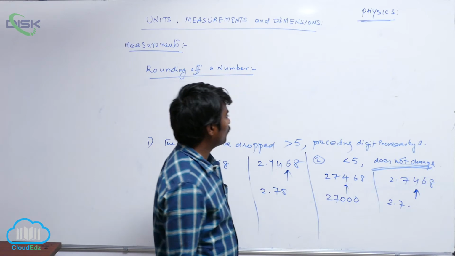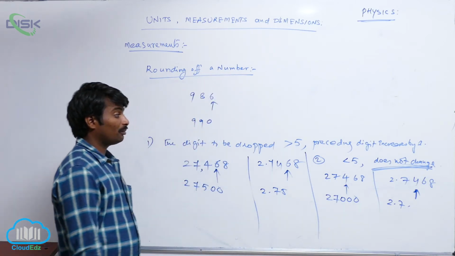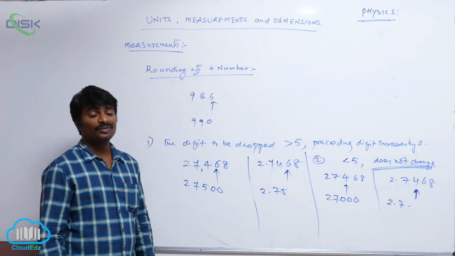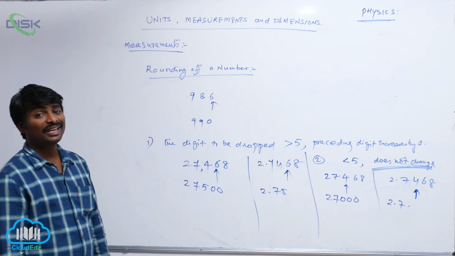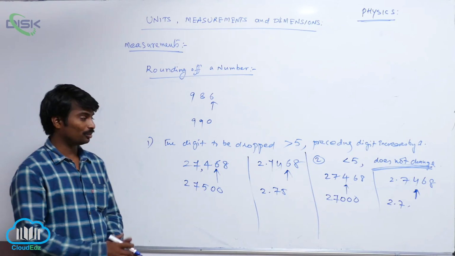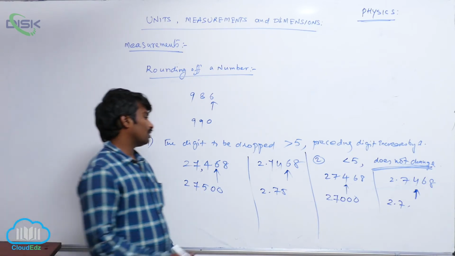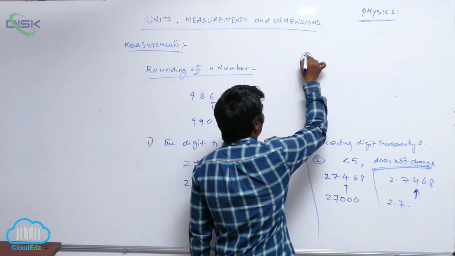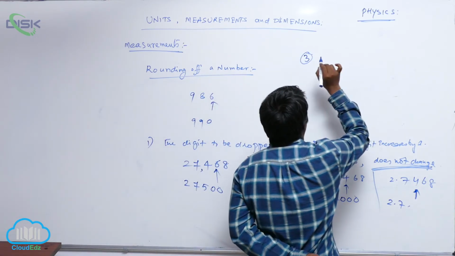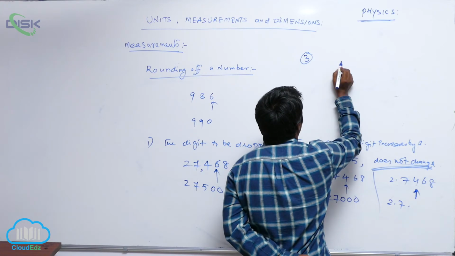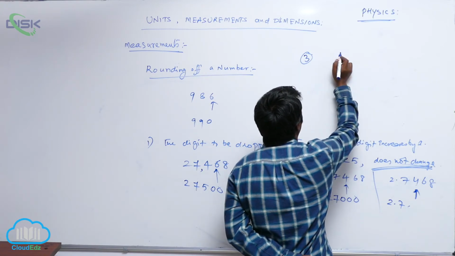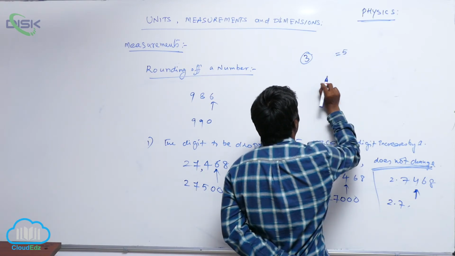Now you may ask me one question: sir, if the digit to be dropped is equal to 5, then what do you do? Let me see the third one. If the digit to be dropped is equal to 5, then what do we do?